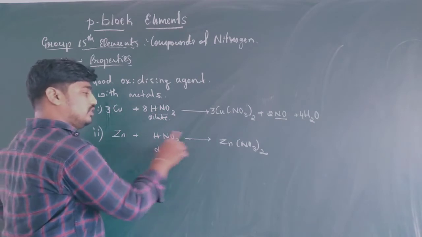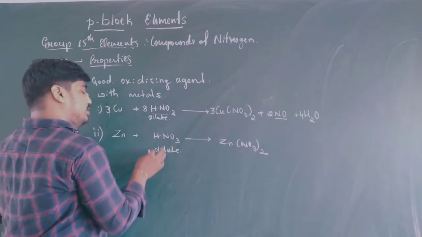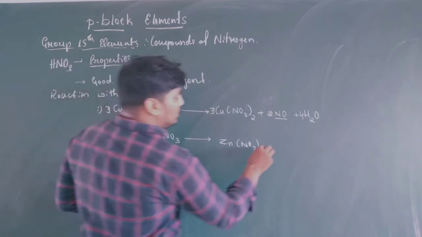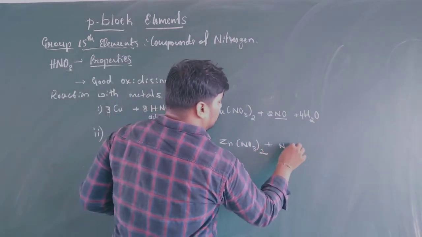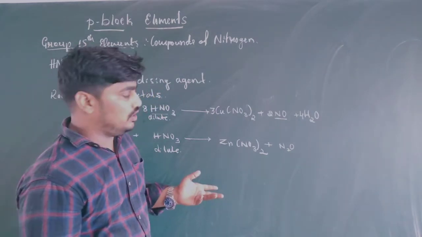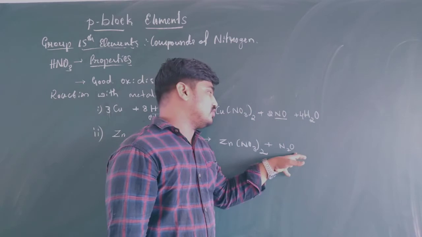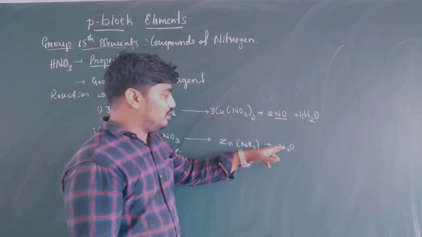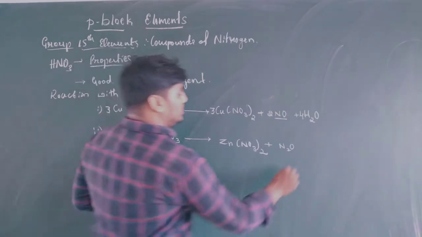Here zinc nitrate is produced, and because of the dilute nature of the nitric acid, it produces nitrous oxide, nothing but laughing gas, N2O. This oxide is produced during this reaction.